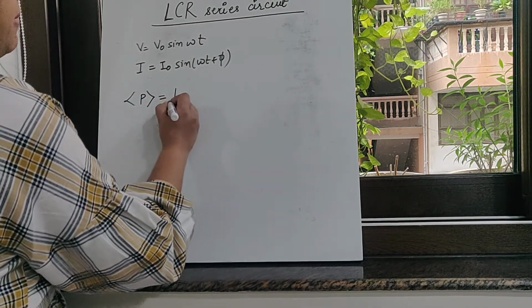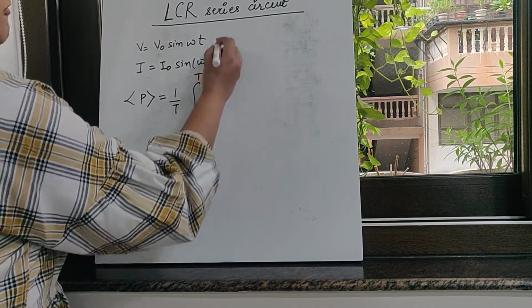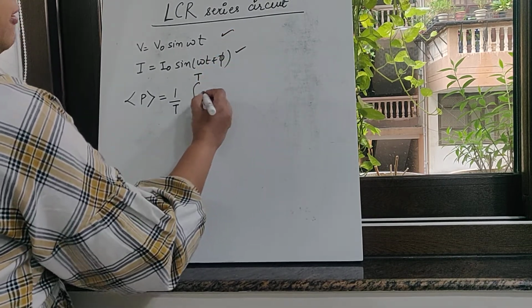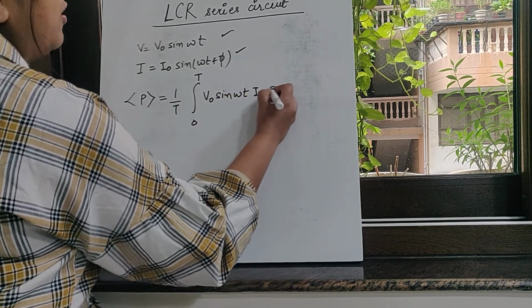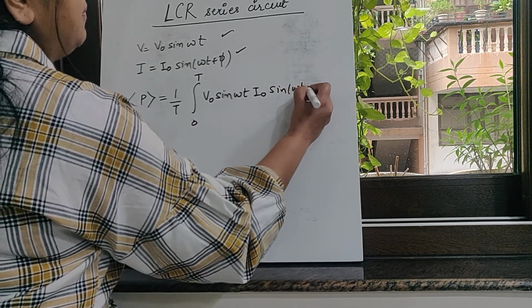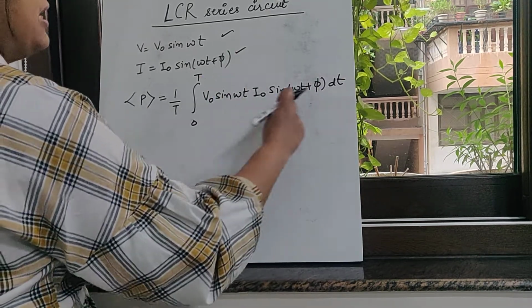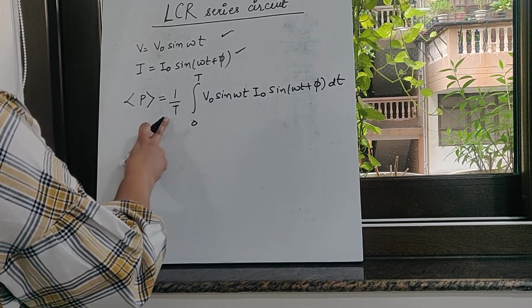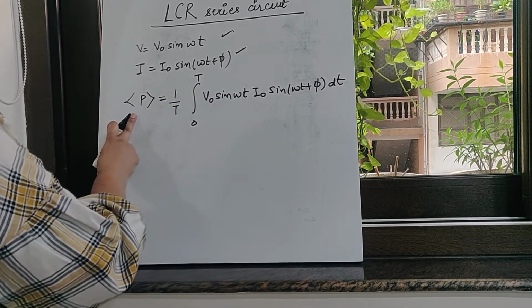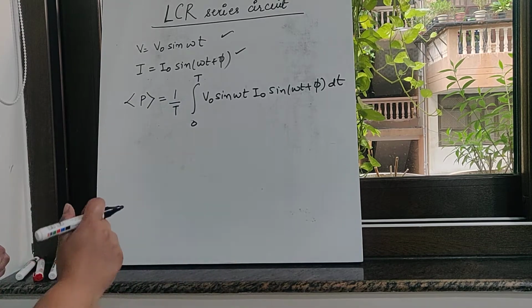So this is given by 1 by T, to integrate the expression for this product, we get V naught sine omega t into I naught sine omega t plus phi into dt. So this expression has to be integrated over time for one complete cycle and divided by the complete time period. This will give me the power consumed by the circuit in one complete cycle.